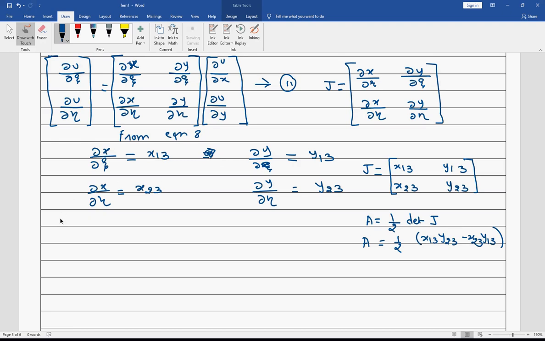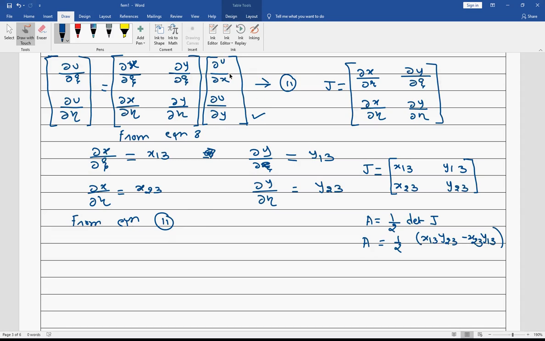Now from equation 11, what we are interested in is strain. If you observe carefully, the left hand side is not strain, but the right hand side is the representation of strain, because it's del u by del x, del u by del y.